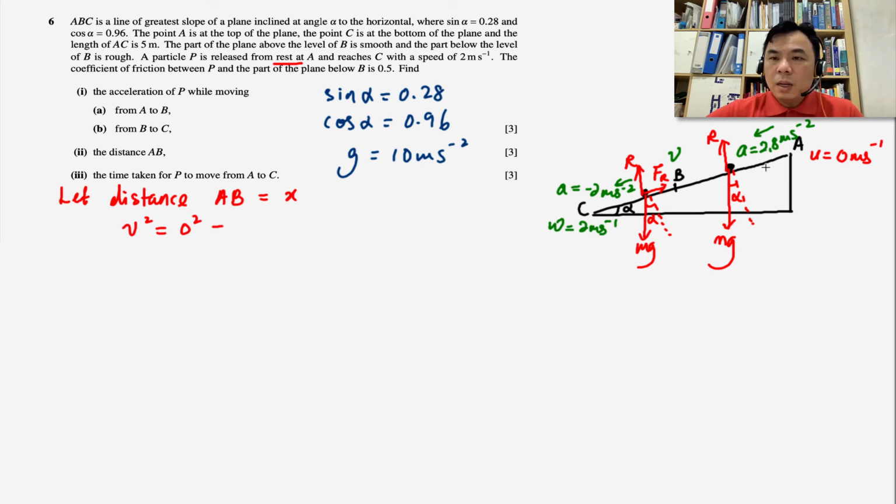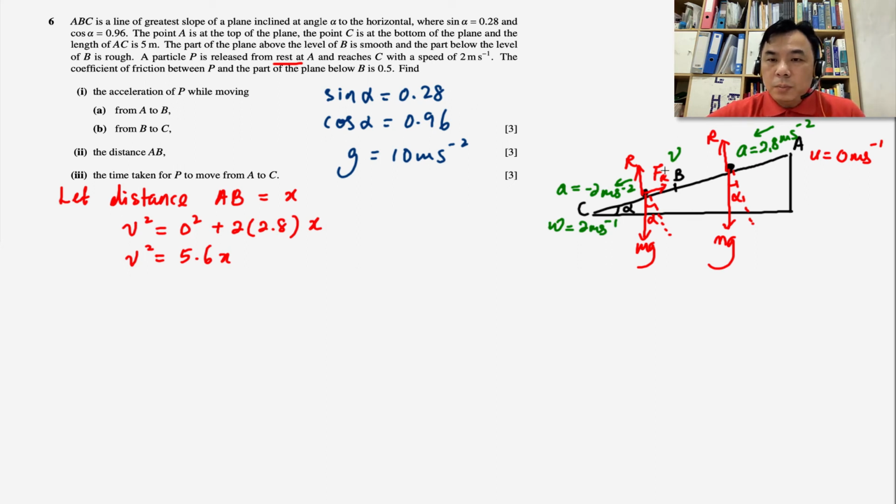And then the first section AB experienced an acceleration of 2.8. So there will be 2.8 multiplied by the distance x here. And then we have V square equal to 5.6x. Right, so I hope that's clear. That's the first part. We don't need to do anything here.